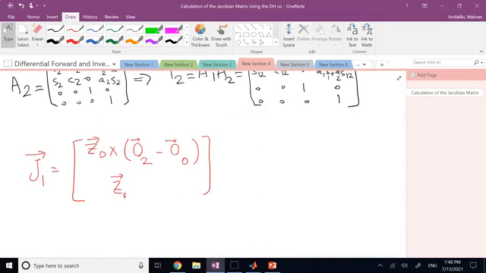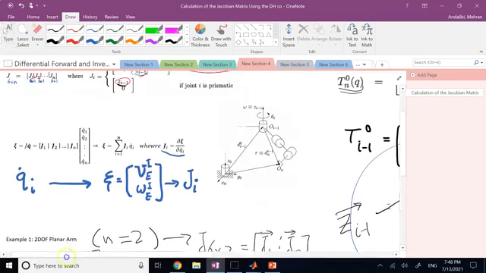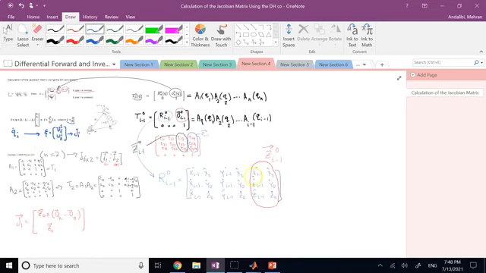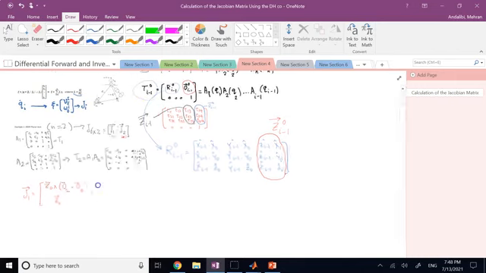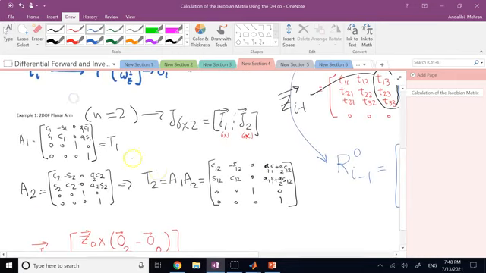Okay, what is Z0? What is Z0 in 0? Because if you remember, if we want to find Z(i-1) and O(i-1), I have to look into T(i-1). And since i minus 1 here is 0, I have to look into T0. But there is no T0 here. We only have T1 and T2.